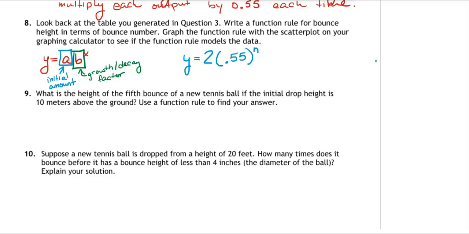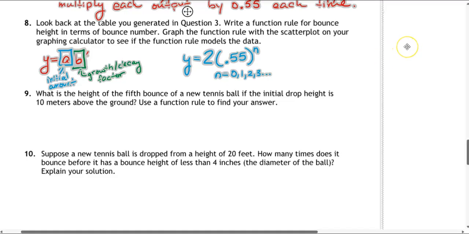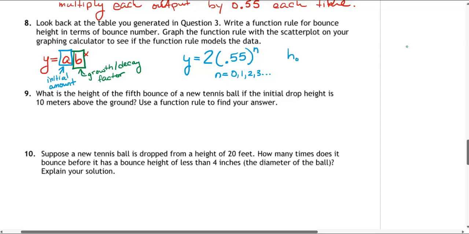So the way that I would write this here, I'd also have to include n equals 0, 1, 2, 3, and so on and so forth. And what is that initial amount, that h0? So h of 0 would be 2.